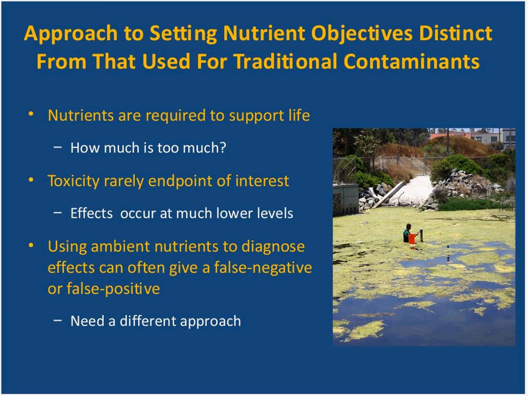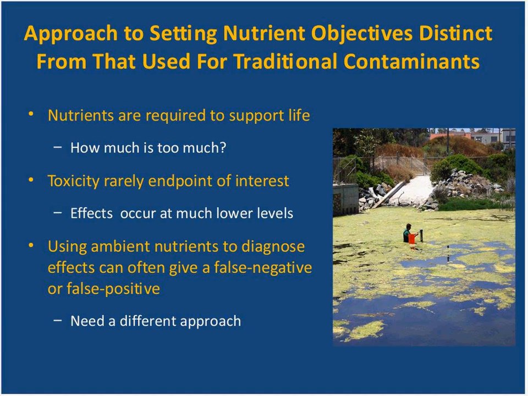Also really helpful to understand is that unlike the paradigm that we would typically use for other contaminants, where toxicity is the endpoint of interest, for nutrients we have some severe effects occurring at much lower levels. And in addition, whereas the focus for traditional contaminants is on surface water column concentrations, nutrients in the water column can often give you a false negative or false positive.